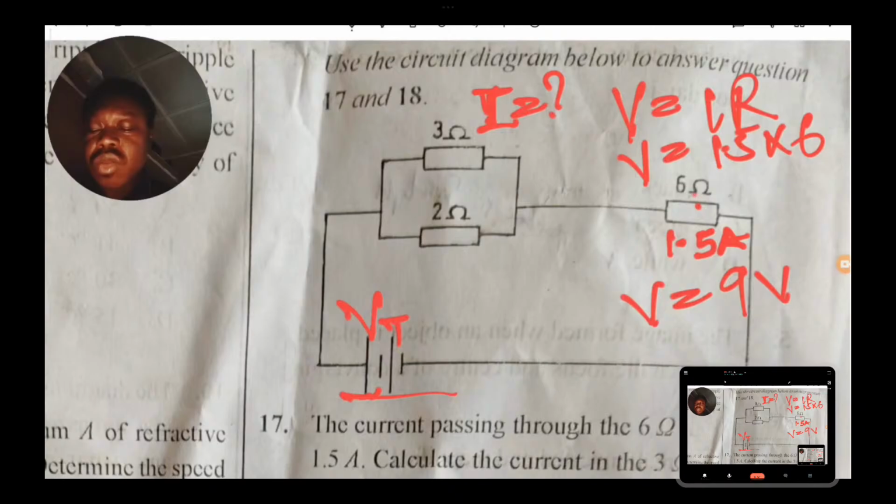Now, since we are looking for the current in the 3 ohm resistor, from Ohm's law, I equals V over R. So 9 divided by 3 will equal what?